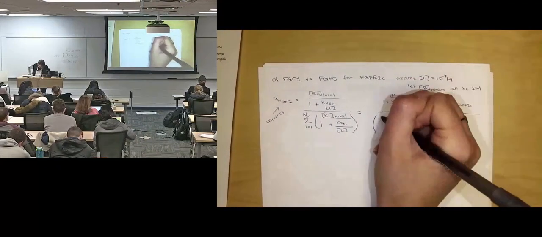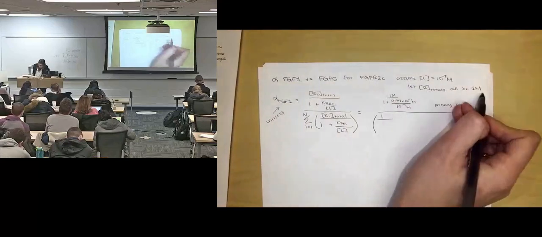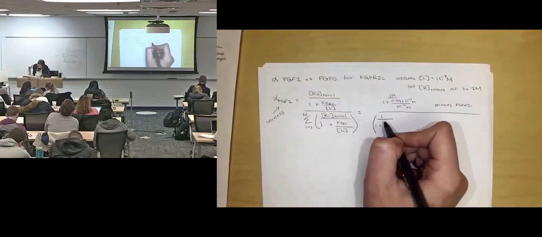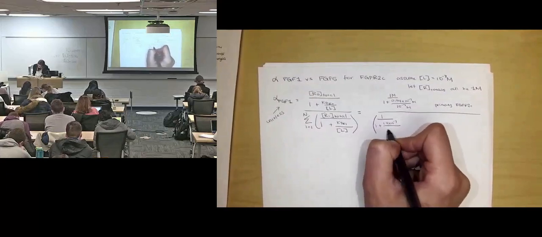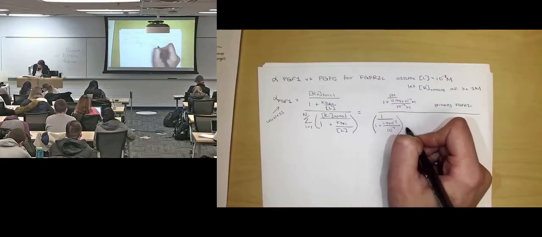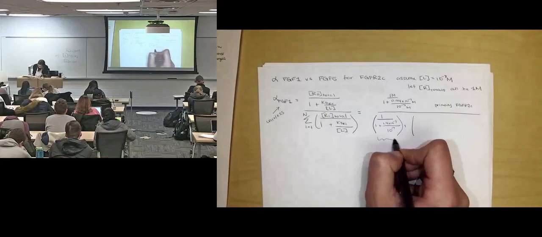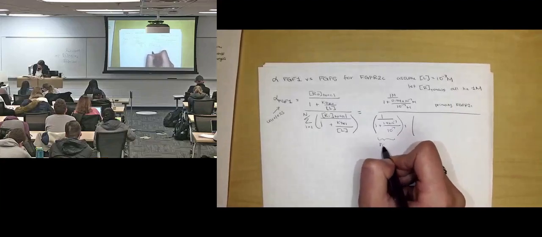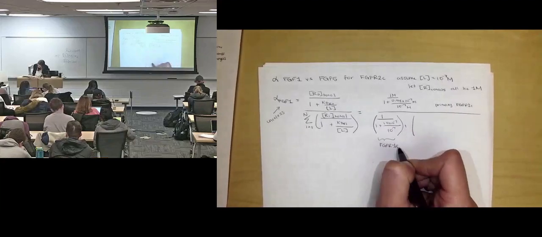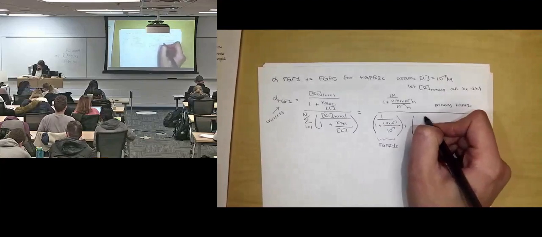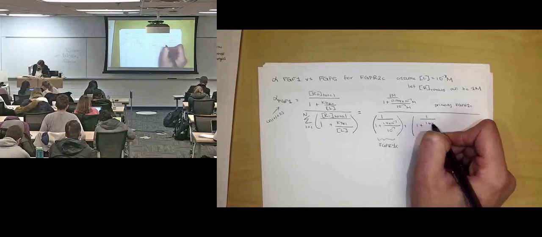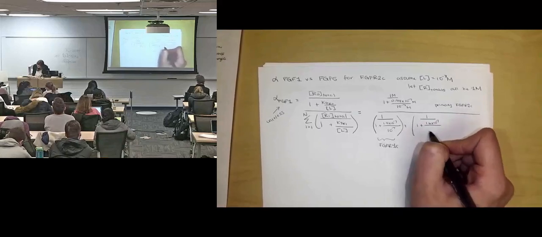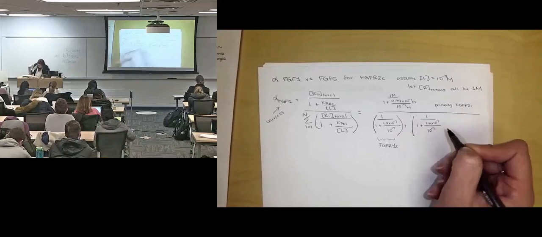And on the bottom we have 1 molar, again we let them all be 1, over 1 plus 1.4 times 10 to the negative 7th over 10 to the negative 7th, plus, this was FGFR receptor 1, 1 divided by 1 plus 1.6 times 10 to the negative 7th over 10 to the negative 7th.